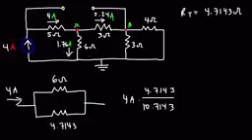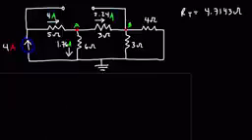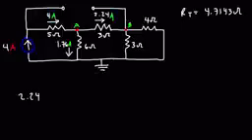So now that we have that current, we can calculate the current flowing through the 4 ohm resistor and the 3 ohm resistor. So it's going to be the current entering that network, which is 2.24 amps, times the 4 ohm resistor, divided by the sum of those two, which is 7 ohms. And so that's 1.28.